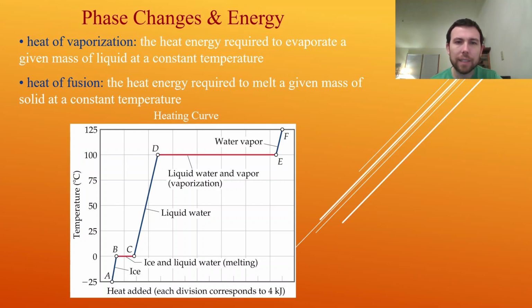So at AB, CD, and EF, we're getting a change in the average kinetic energy. But at BC and DE, we're getting a change specifically in potential energy. And for reference, BC would represent the heat of fusion, and then DE would be looking at the heat of vaporization for water in this case.